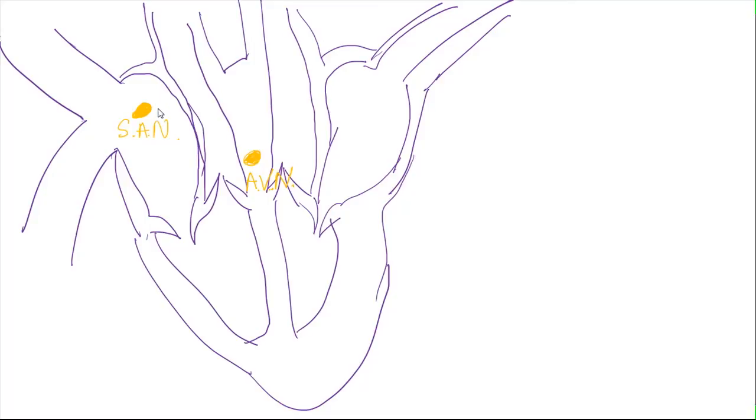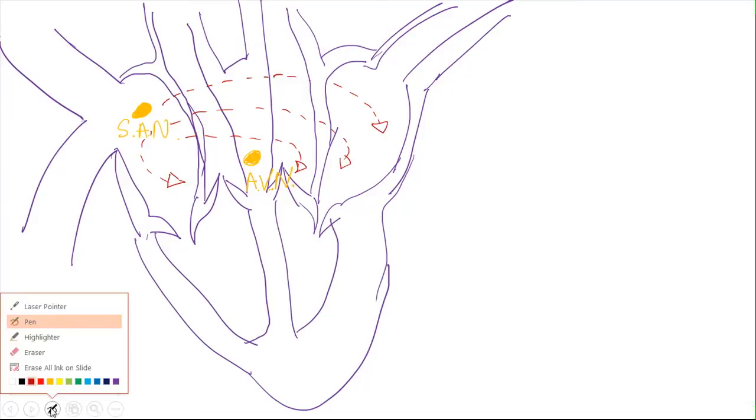The SAN sends a signal that goes right round all parts of the atrium, and this ensures that atrial systole happens.